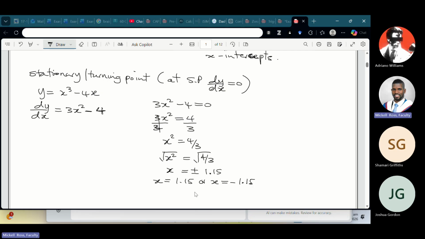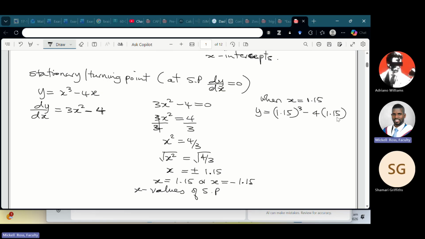Now we know the x values of the stationary points. So we now also need to find the y values of our stationary points. When x is equal to 1.15, y is going to be equal to 1.15 cubed minus 4 times 1.15.